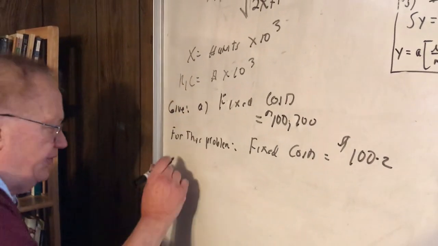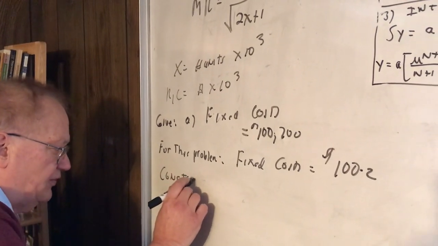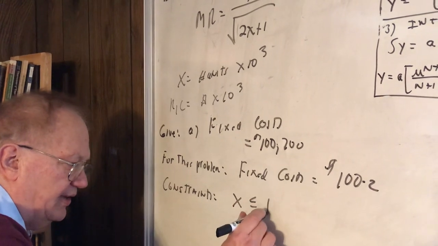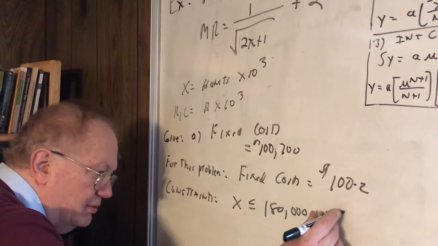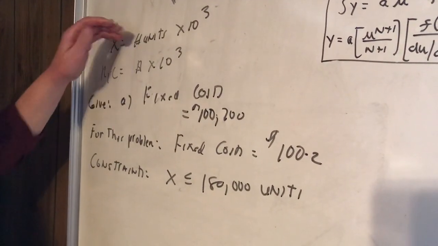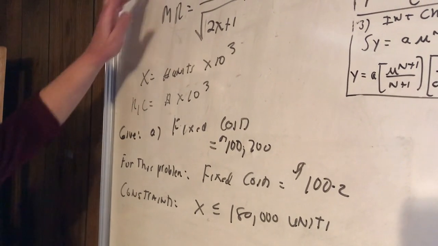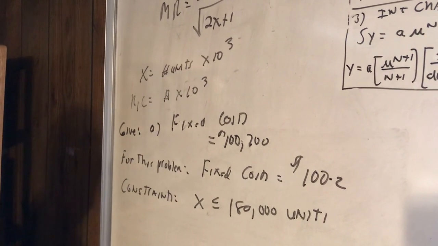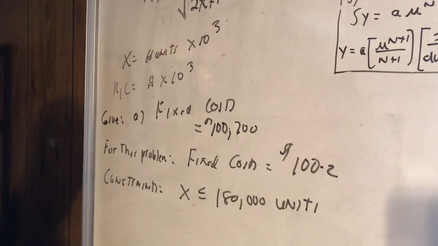And our constraints: these equations only hold when x is less than or equal to 180,000 units. So when my production system produces more than 180,000 units, these equations no longer hold.